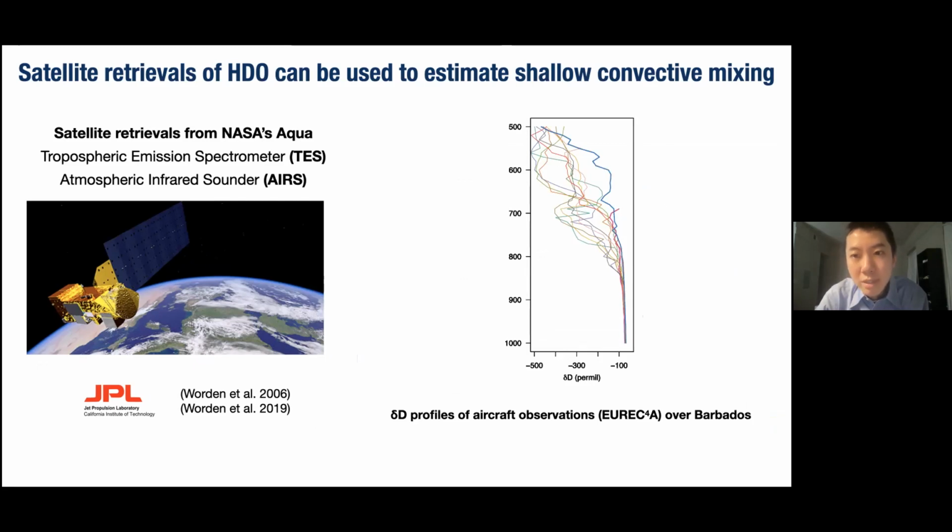So we can see that also in the boundary layer, like below 800 hectopascal, delta D is very constant, and then it gradually decreases into the free troposphere. In the strong convective mixing case, like this light blue, thick blue line, we can see that the gradient of delta D is relatively smaller.